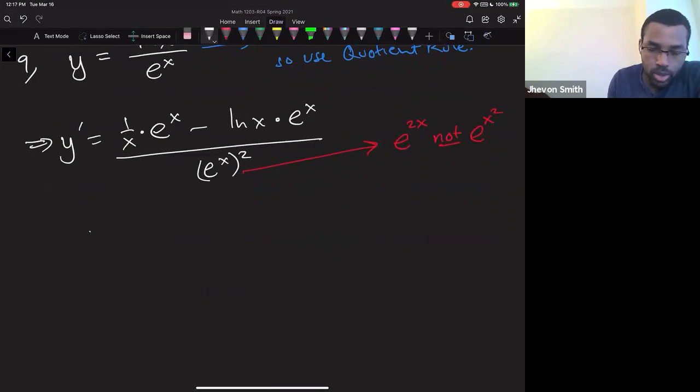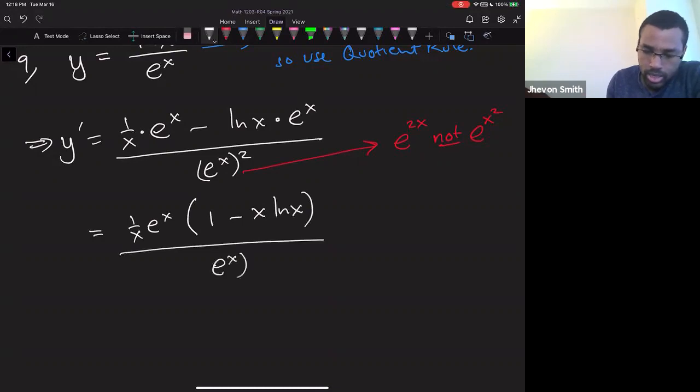Now, what we can do is factor off, say, a 1 over x e to the x, have 1 minus x ln x over e to the x.